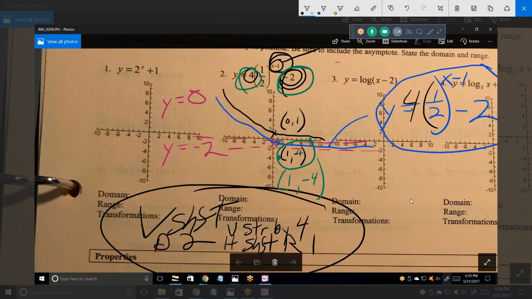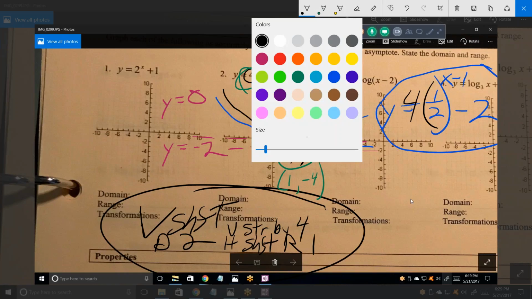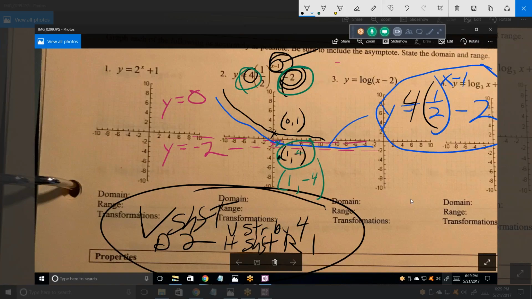So instead of 1 comma minus 1, that point goes to right there, 1 comma minus 4, but the horizontal asymptote moves down to minus 5.